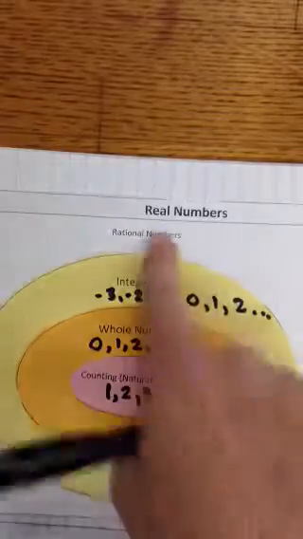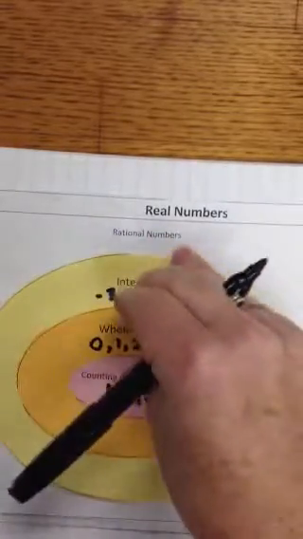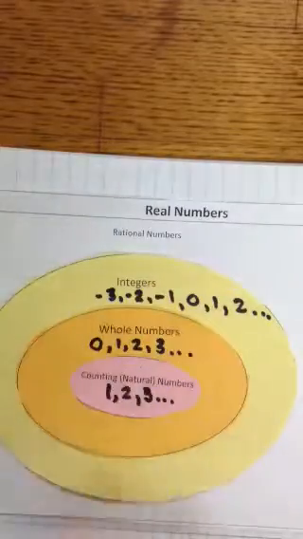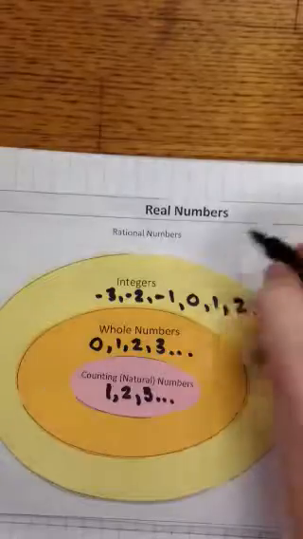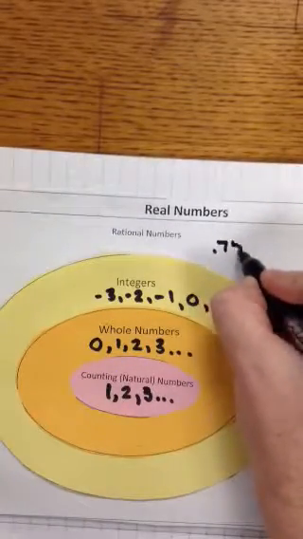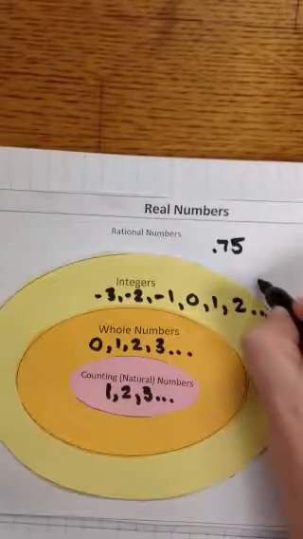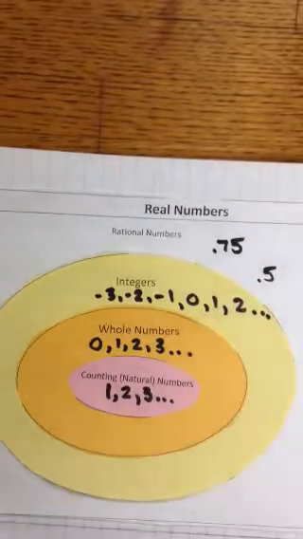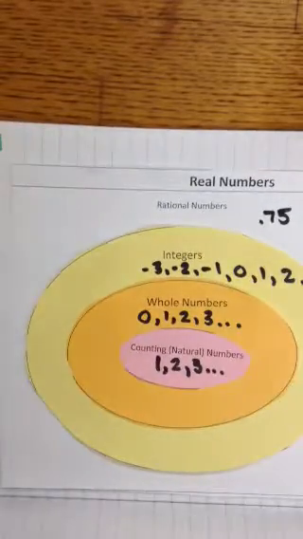So the rational numbers include all of this, because these bubbles are inside this part of the page. It includes all of these, and decimals like 75/100, or a decimal like 5/10. You're probably thinking of some you could add.